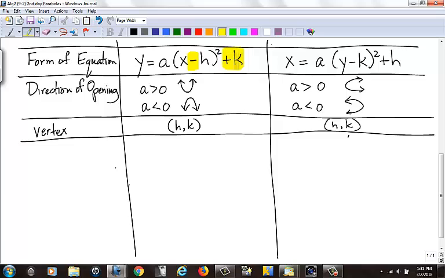And my k, this has to be a plus sign in front of the k. So if it was minus 15, then that's like plus a negative 15. And you read your (h, k) from that. The difference on this is, look at where the h is. The h is on the right outside, and the k is on the inside. But the vertex on both of them is (h, k). Then the next thing the author covers is the axis of symmetry.